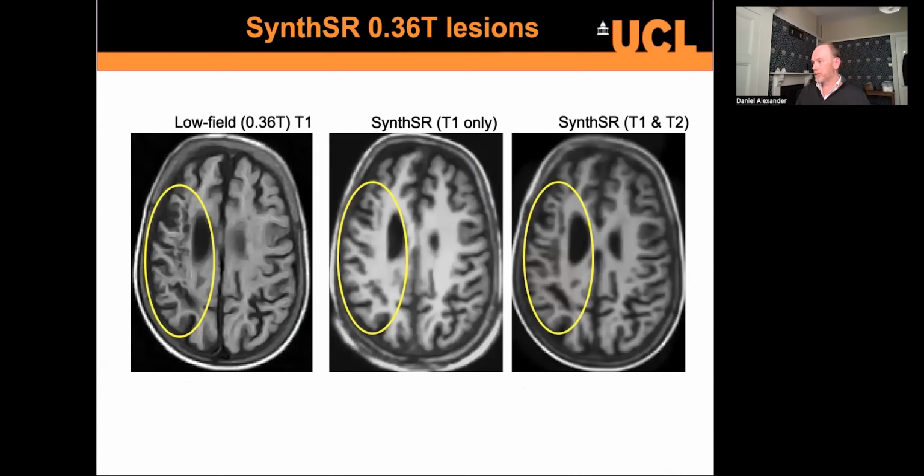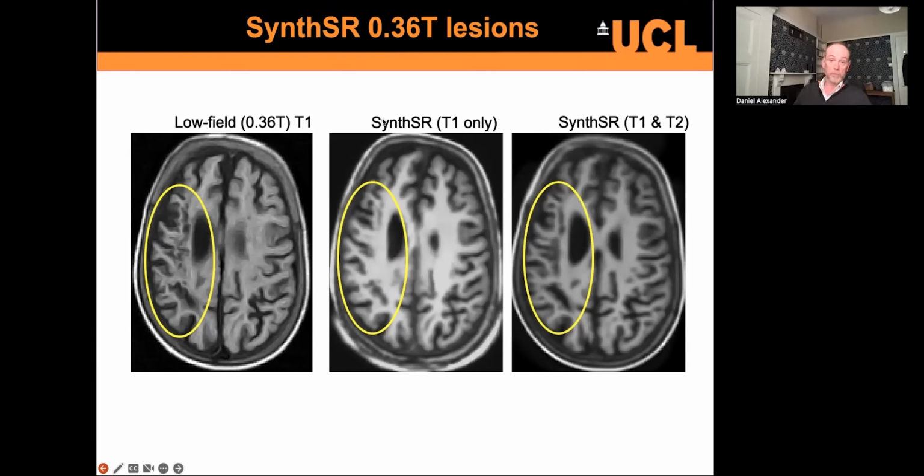It's not perfect, particularly in some of the scenarios that we're interested in, where we're not just interested in deriving biomarkers, but also want to produce higher quality images that can be reviewed by a radiologist. One of the things that SynthSR does is to obliterate lesions, like this one here, a quite clear lesion that gets wiped out by the SynthSR process.